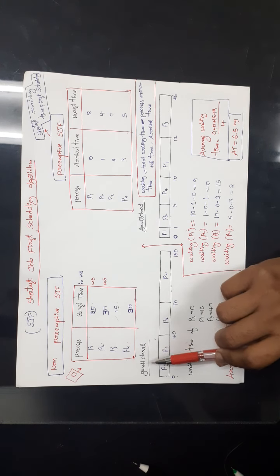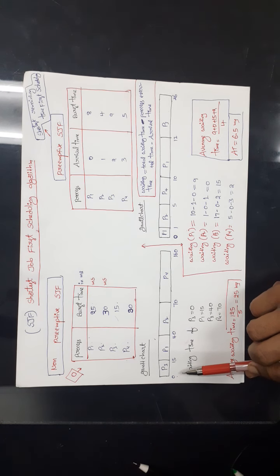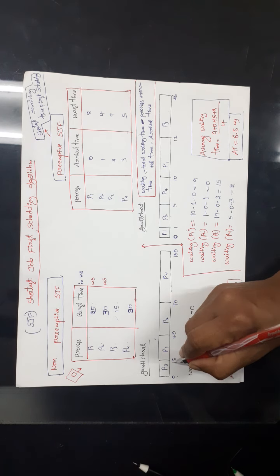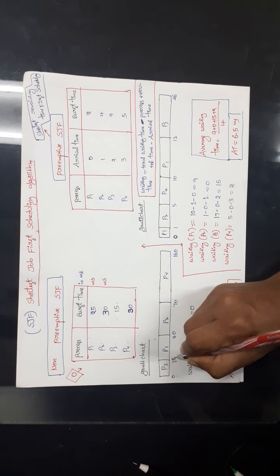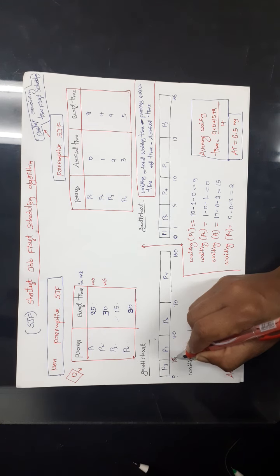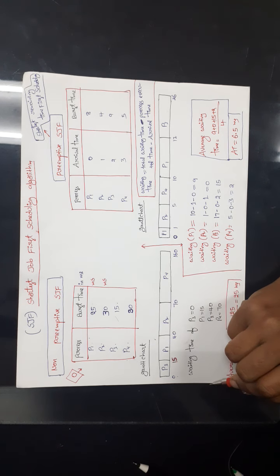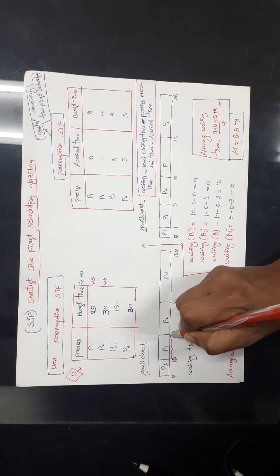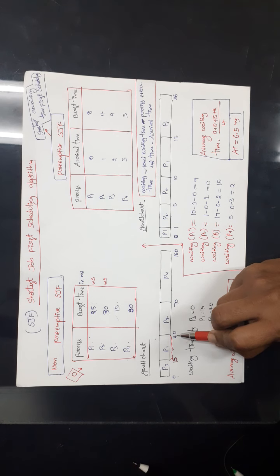If you observe the Gantt chart here, P1 has entered at 15 milliseconds. At this time P1 has taken the CPU, and after executing for some period of time it has released the CPU at this time.